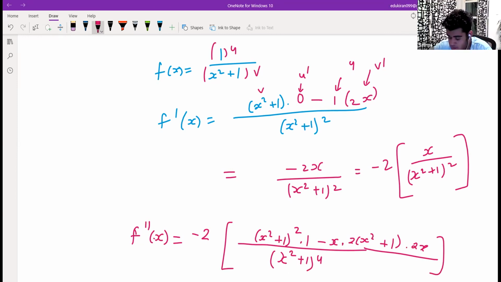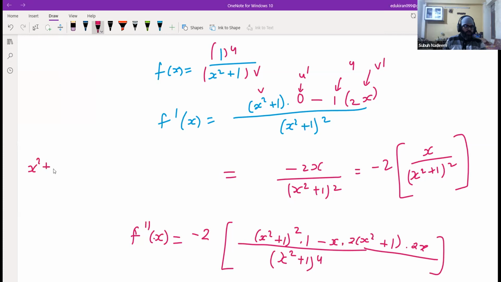So I did it as 1 into x squared plus 1 whole square, minus 2 into x squared plus 1 into x. Into 2x is also there, because when you differentiate x squared plus 1 whole square, this is a chain rule.